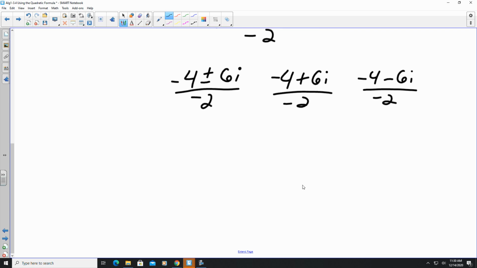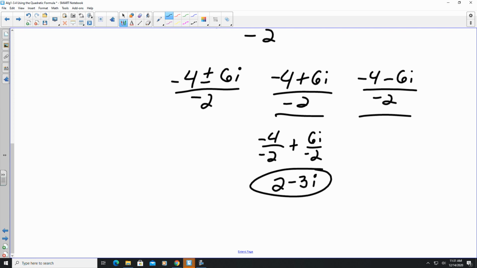And looking at these two problems together, what I would do is break this up into the two separate denominators, like negative 4 divided by negative 2 plus 6i divided by negative 2. When I simplify this out, this is going to be positive 2 minus 3i as one solution.